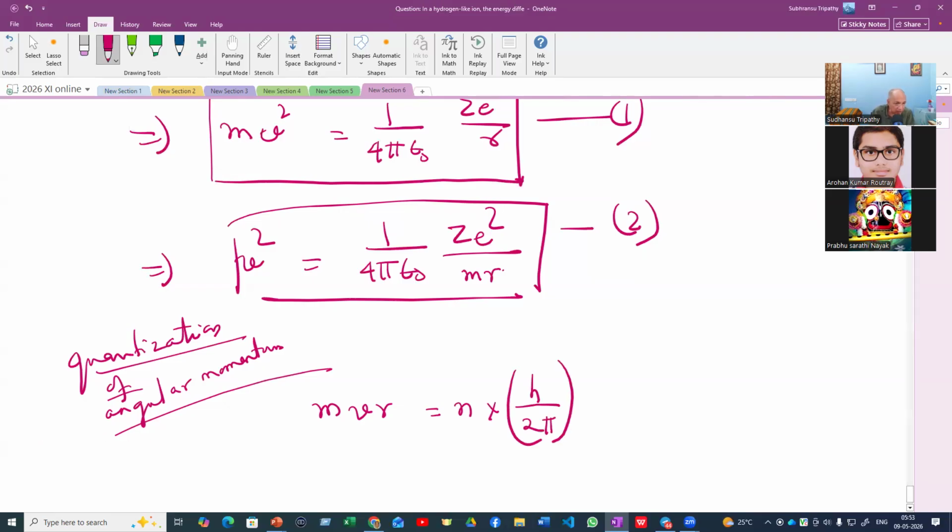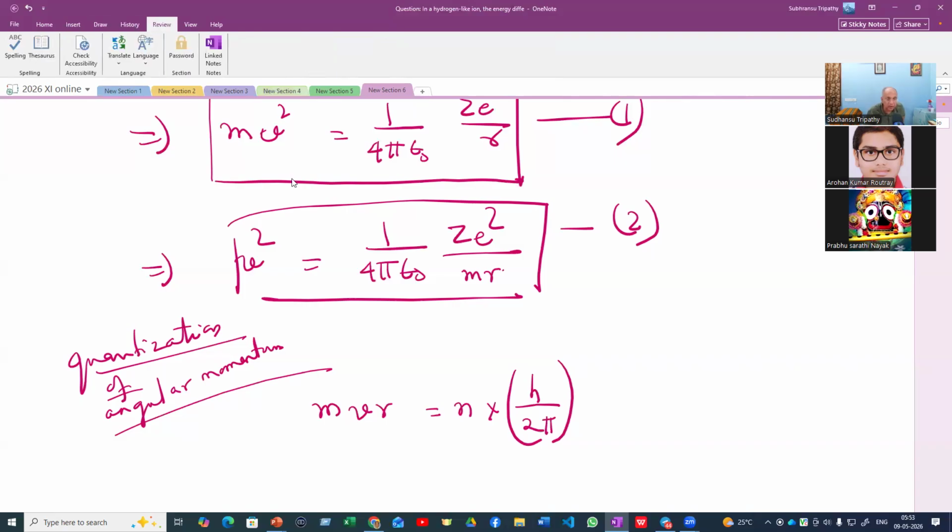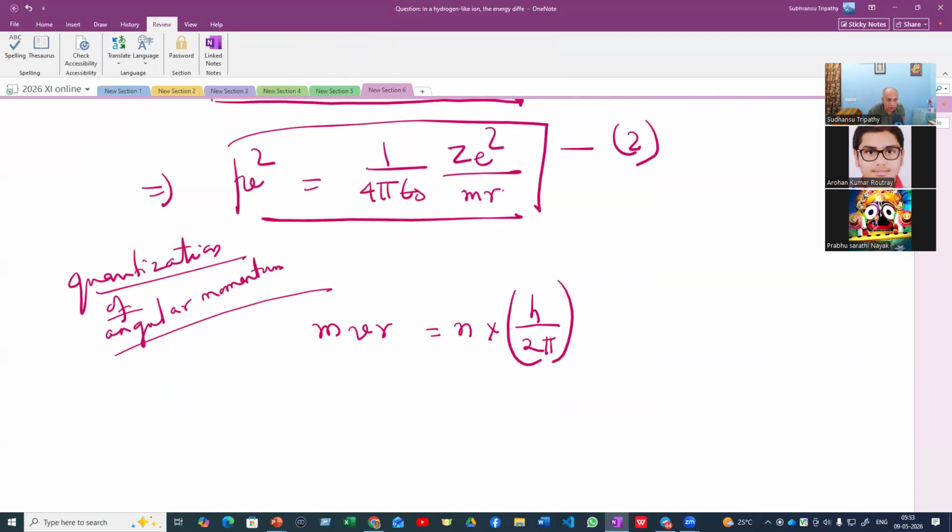So the quantization of angular momentum, that postulate made by Bohr, says that mvr, which is the physical expression of angular momentum, is equal to a whole number multiple of h by 2 pi. So from this we can find what is v and v square. So from here v is equal to this much and v square is equal to n square h square by 4 pi square, and this is m square r square.